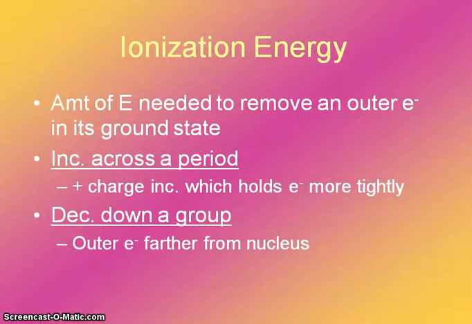So it increases across a period, and it's going to decrease as you go down a group. The further the electrons are away from the nucleus, the easier it's going to be to pull them away. So it's going to have a lower ionization energy as you go down a group.